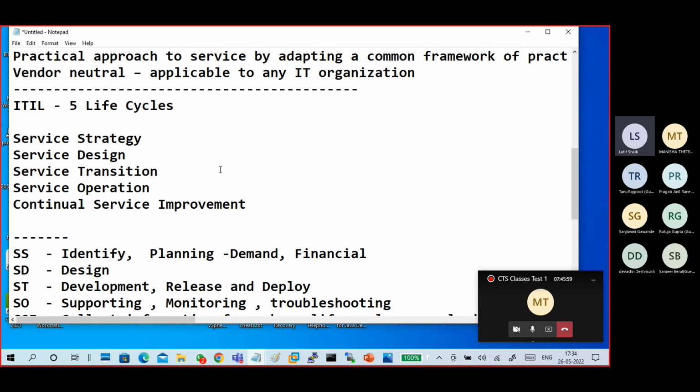What is the demand for that business? These are all things I have to take. First of all, identify: I want to become an ISP. So I have to plan according to it, I have to design it, I have to develop it, and I have to start giving services to the people, monitoring it, supporting it.